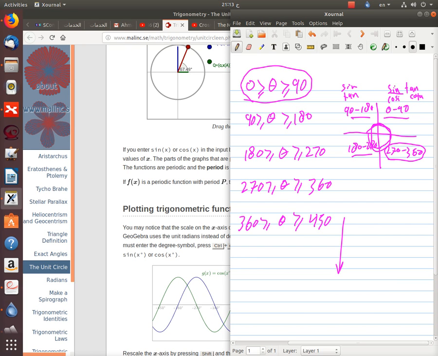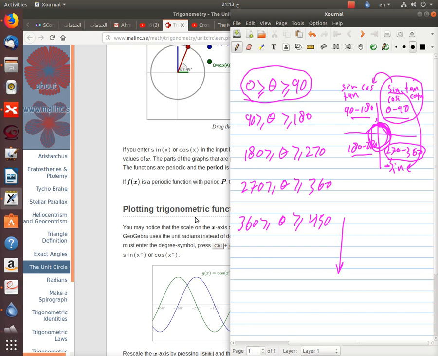Sine here is the same as cosine here, but sine here is the same as sine here with a different sign. So all of the sine and cosine in this quarter are almost similar to all of these in here. If you memorize these special angles from 0 to 90, then you're going to understand everything about the rest of the angles.